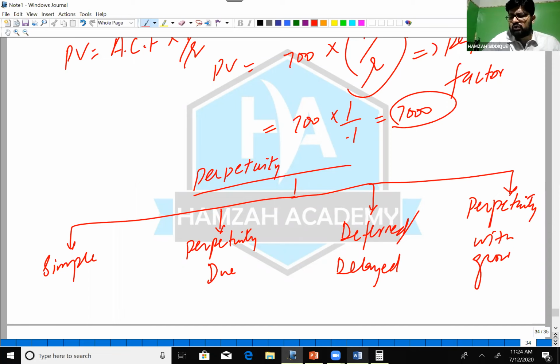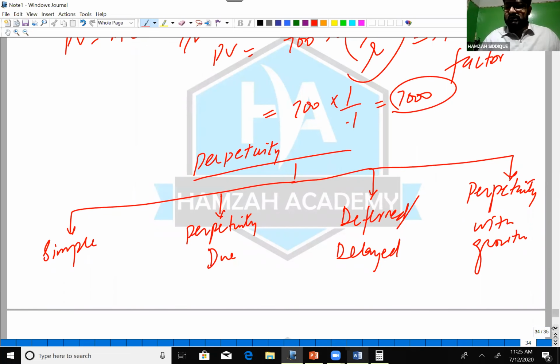Although annuity with growth is also part of our syllabus, the formula is always given in the exam. That's why I have not discussed that. Whenever annuity with growth is tested, they will give you a formula in the formula sheet or at the end of the question. We will discuss it when we do a question.